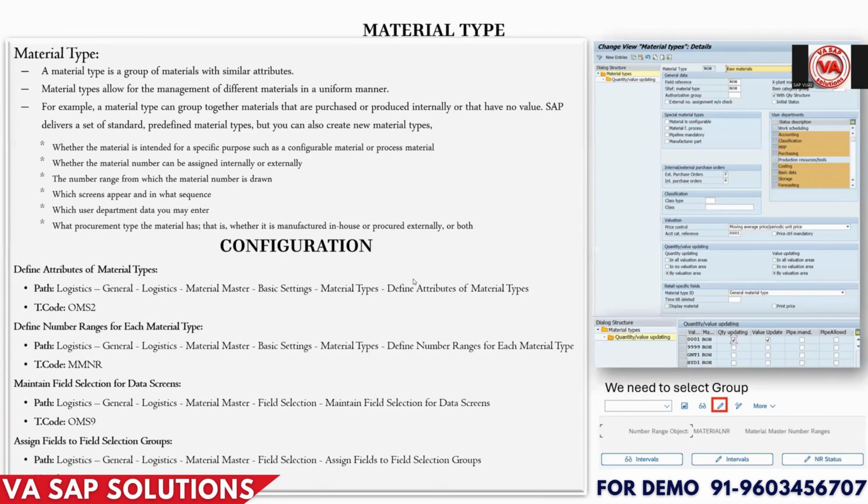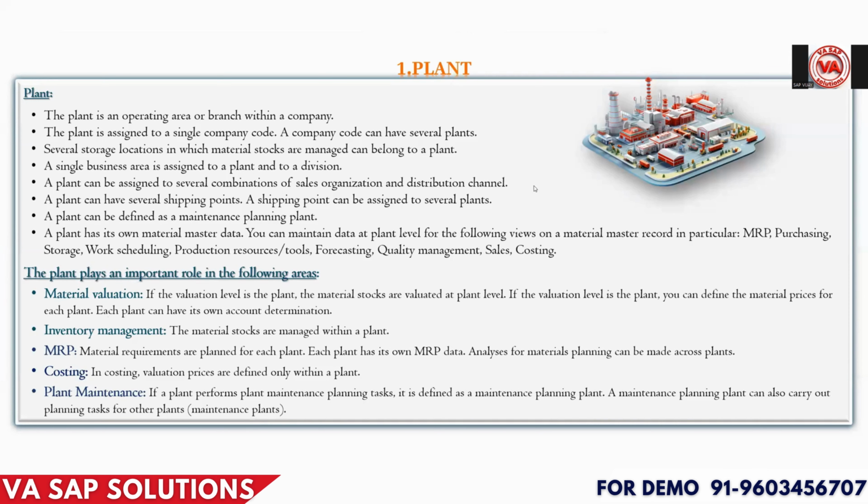Now we have completed this one. The other thing that we need to understand is the plant. A plant is an operational area or branch within a company. The plant will decide the value of the material.